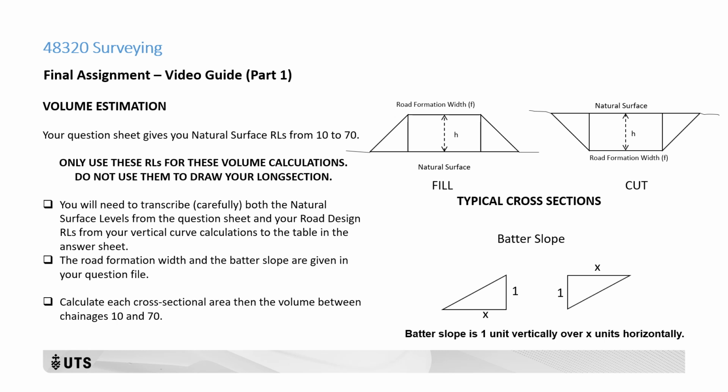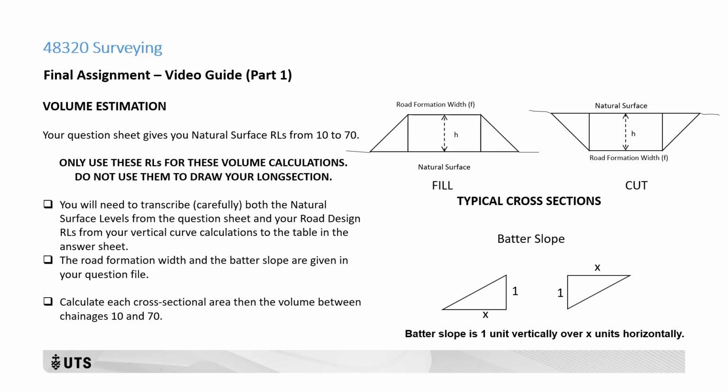So you'll need to transcribe your natural surface levels that are given to you and the road design RLs that you've calculated on your vertical curve table onto the volume sheet. Then you'll need to calculate the area of cut and fill. We've drawn typical cross sections for you so you can see the height.